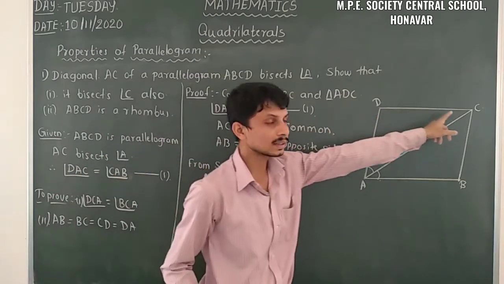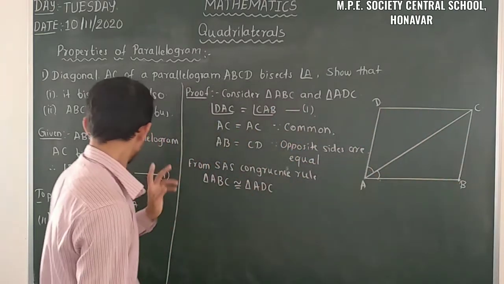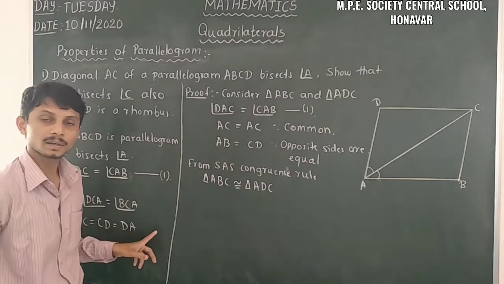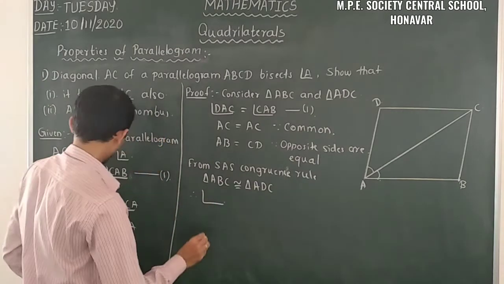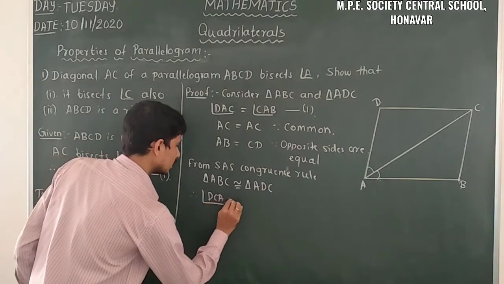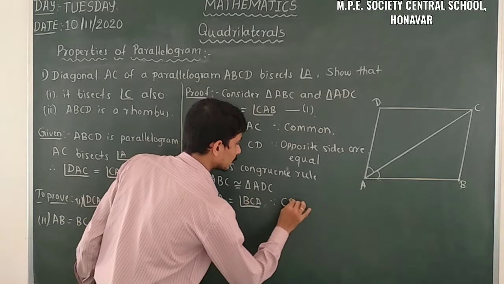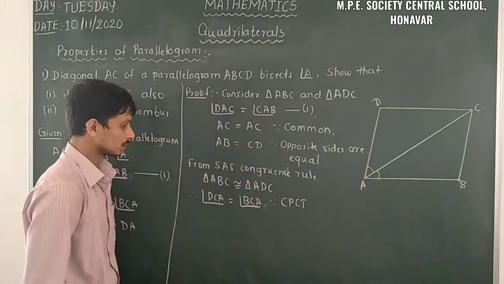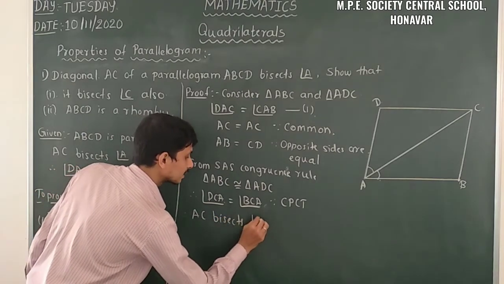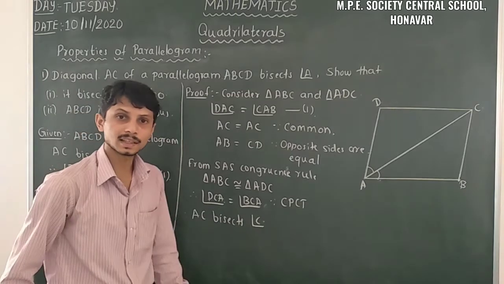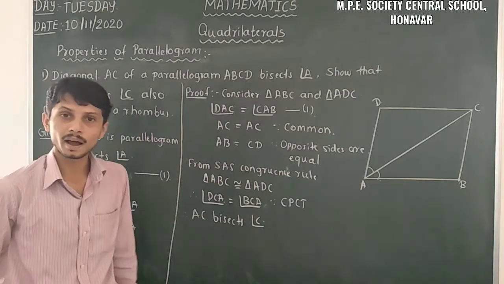So angle DCA is equal to angle BCA, because of CPCT. Therefore AC bisects angle C. Therefore we get the conclusion of the first part: the diagonal AC bisects angle C also.